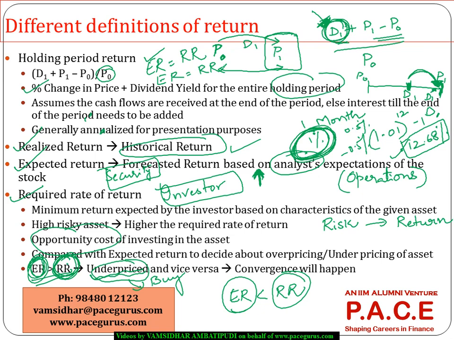So the buying and selling process will continue until the expected rate of return matches the required rate of return, and vice versa. So required rate of return is a very important concept as far as the valuation of securities, or decisions or recommendations relating to investment, are concerned.